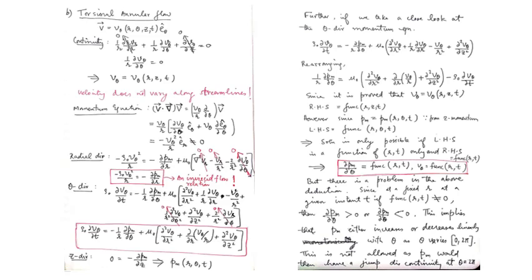So it means that motion pressure does not vary along the z direction, and motion pressure is a function of r, theta and t only. Right. So further, now if we take a close look at the theta direction momentum equation, we can simplify the scenario further also.